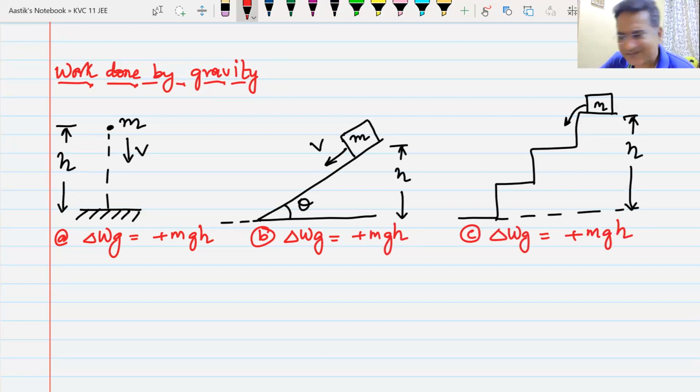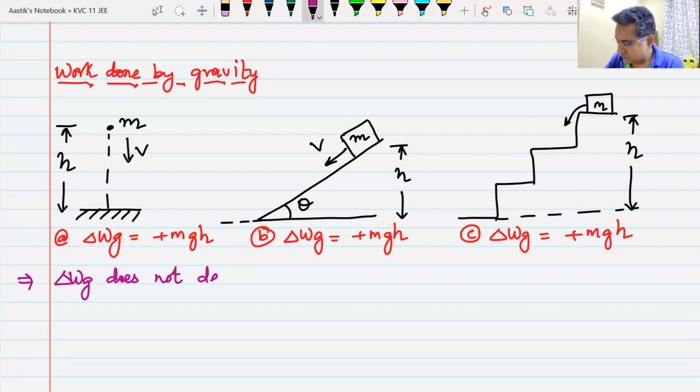It can be proved, and I'll leave the proof to you. So what do we understand from here? Work done by gravity does not depend on what?